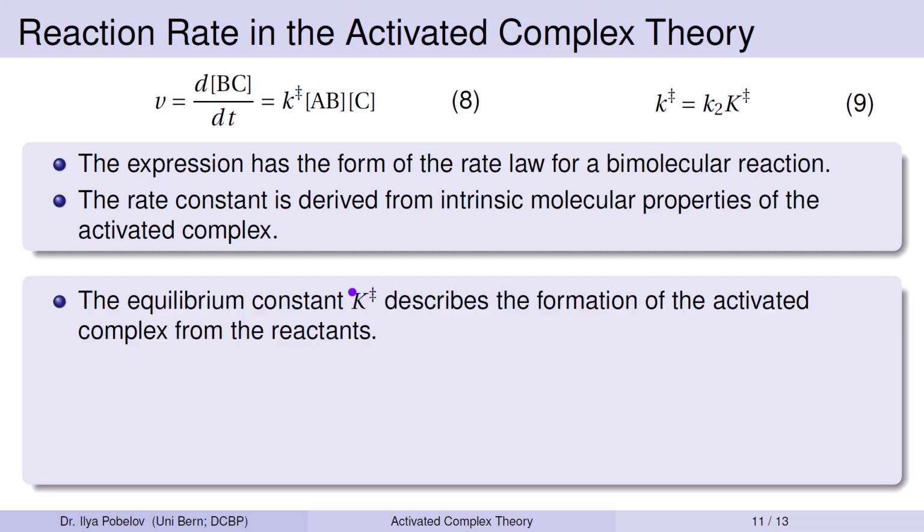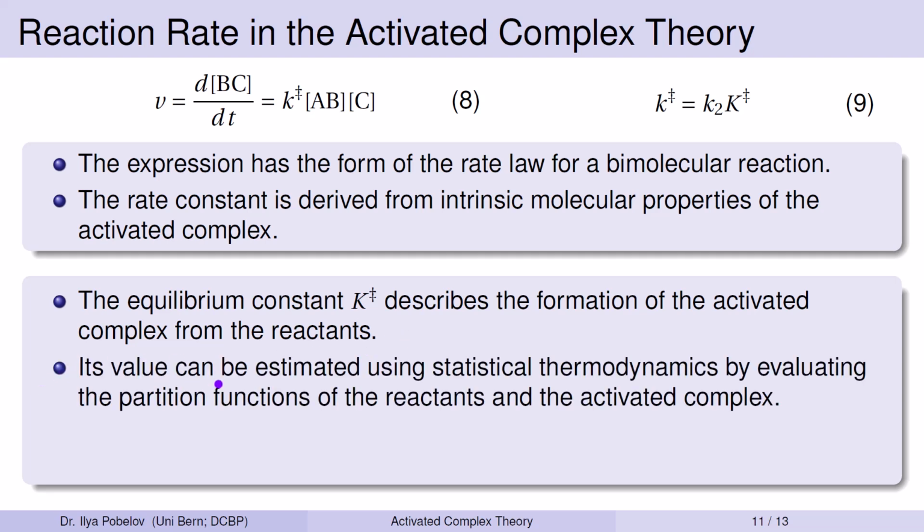The equilibrium constant K double dagger describes the formation of the activated complex from the reactants. Its value can be estimated using statistical thermodynamics by evaluating the partition functions of the reactants and the activated complex.